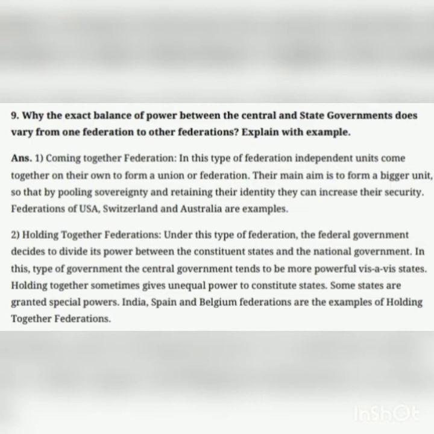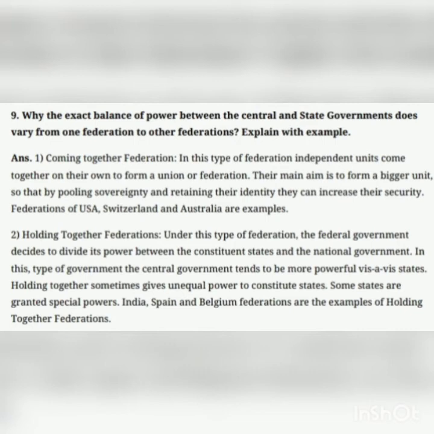Article 370 talked about the special status of Jammu and Kashmir. Now it has been revoked. There is no concept like that. Now the Jammu and Kashmir special status has been revoked, and Jammu and Kashmir has been converted into two union territories. Okay, right. So when we talk about holding together federation, the best example countries are India, Spain, Belgium.